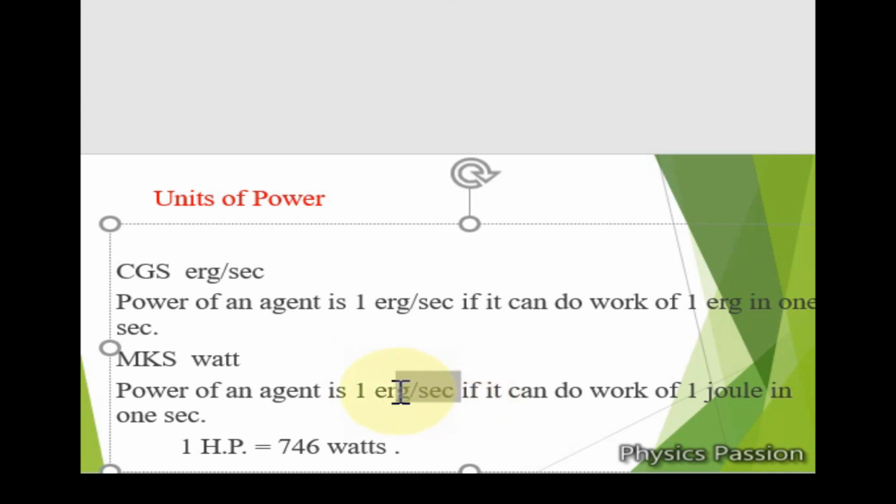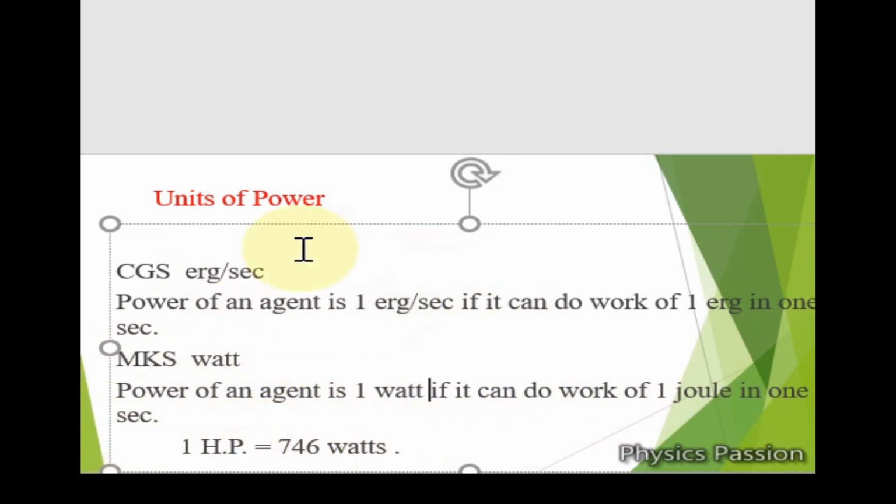So I may correct it over here. It is not erg per second, it is watt. So again, power of an agent is 1 watt if it can do work of 1 joule in 1 second. There is another practical unit of power, which is used in engines, steam engines, that is horsepower, and 1 horsepower is equal to 746 watts.